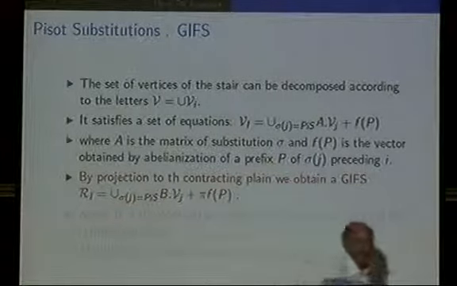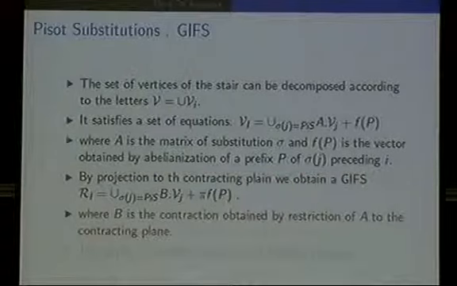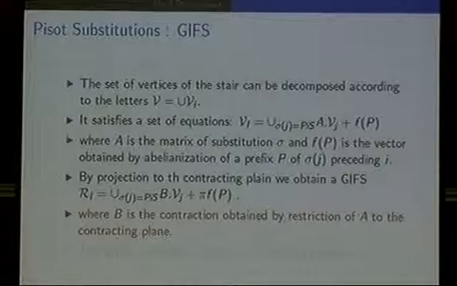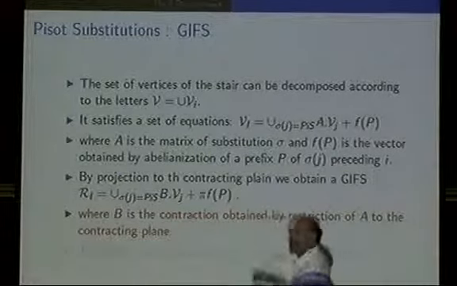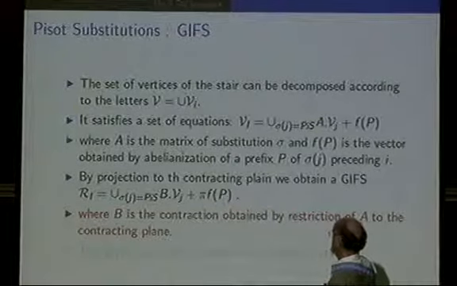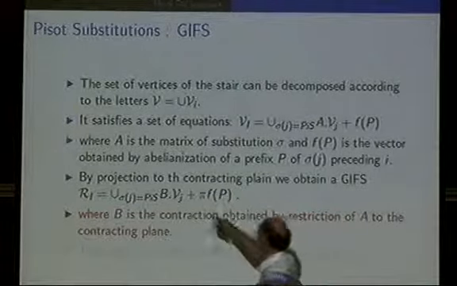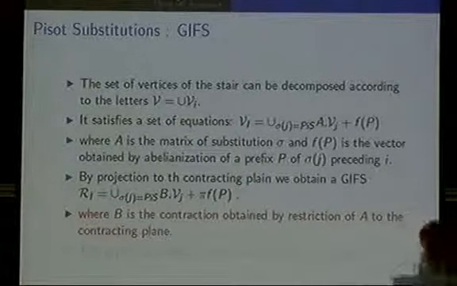So we get what is called a graph-directed iterated function system. B is the restriction of A. Oh, yeah, R_j, of course, R_j, this is a misprint, sorry.